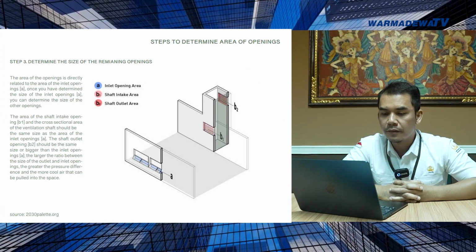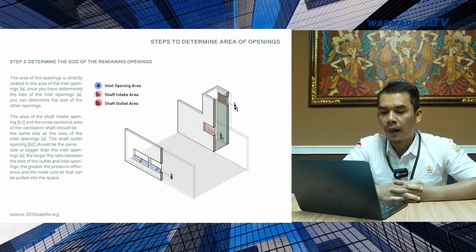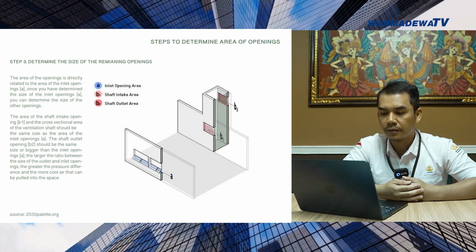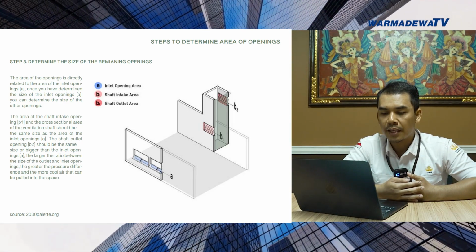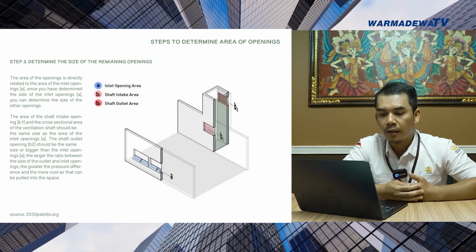Now, after that, the next step is we must determine the size of the remaining openings. The area of the openings is directly related to the area of the inlet openings. Once you have determined the size of the inlet openings, you can determine the size of the other openings.